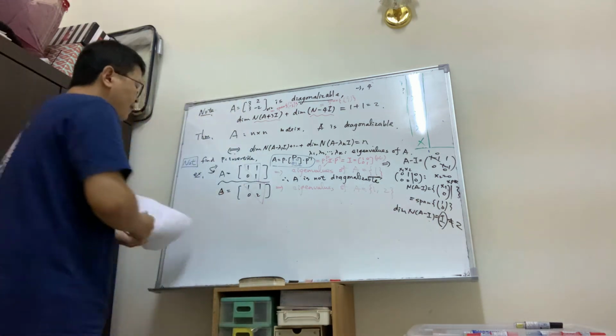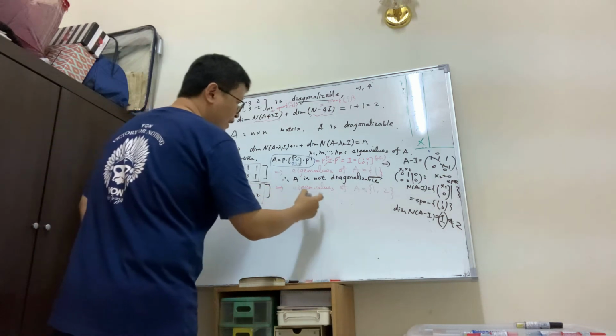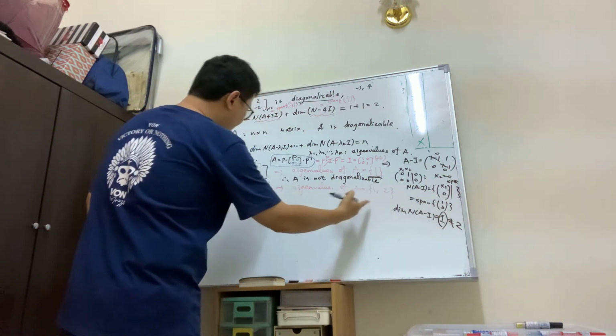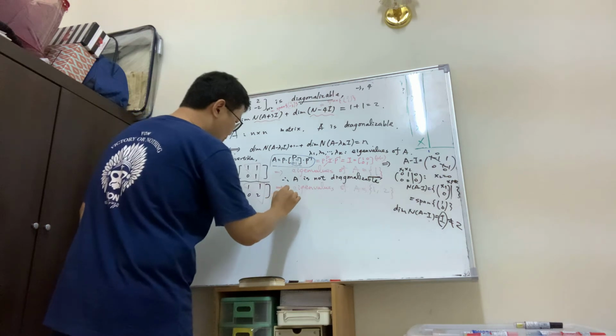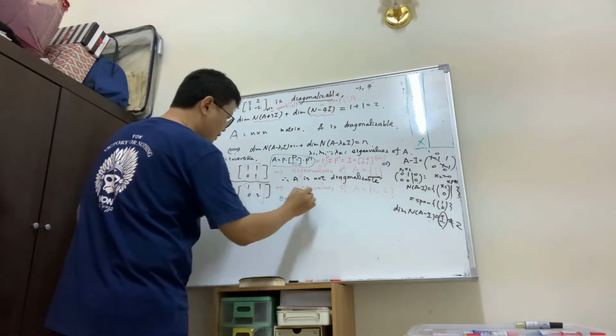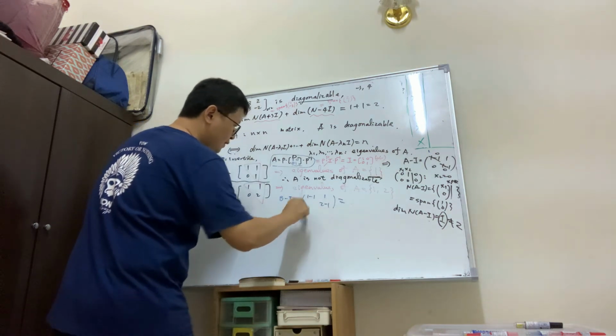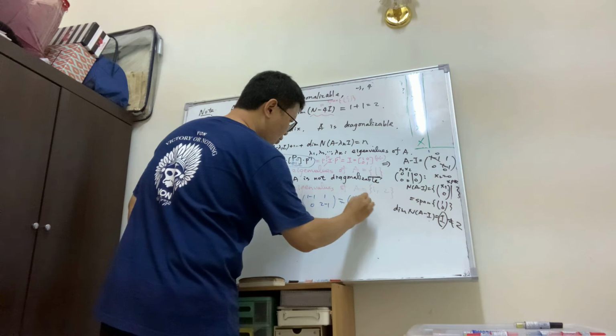But for this matrix B, you could see that its eigenvalues are 1 and 2, and you could check it. B subtract 1I is [1 minus 1, 2 minus 1; 0, 1 minus 1], so it's [0, 1; 0, 1].